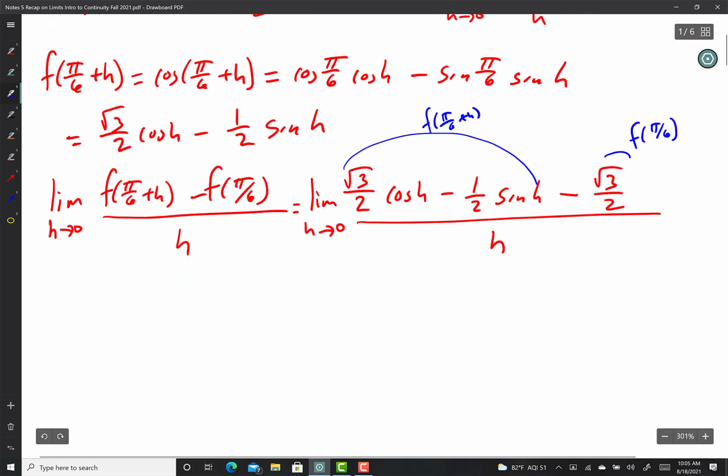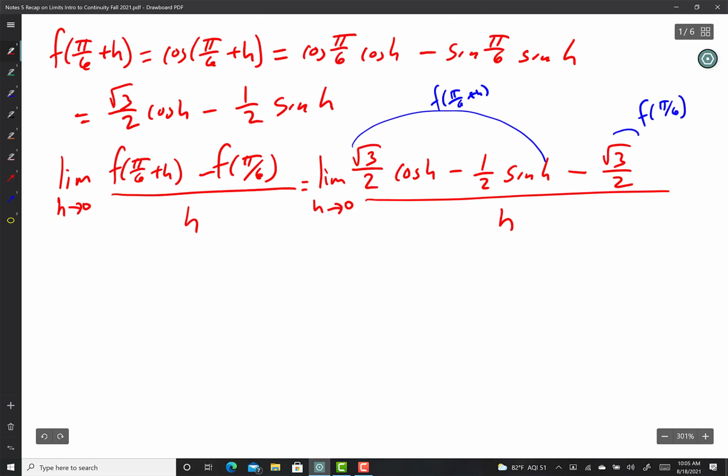So now, here's what we're going to do. I'm going to move that square root of 3 over 2. I want to put it in the middle term, and I want to move that 1/2 sine h to the right. So I'm still writing the word limit. Limit as h approaches 0. And I'm going to write square root of 3 over 2 cosine h minus square root of 3 over 2 minus, they keep the sign because I haven't moved it anywhere.